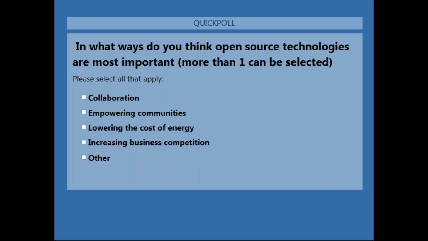Of course, this is not all the possible options, but we can only give 5 in our poll. So we said collaboration, empowering communities, lowering the cost of energy, increasing business competition, and other, to encompass everything else. If you have questions about everything that falls into other, please do send those in, and we'll come to some of these in the Q&A session in just a moment.